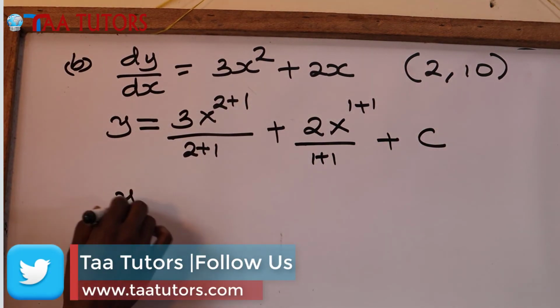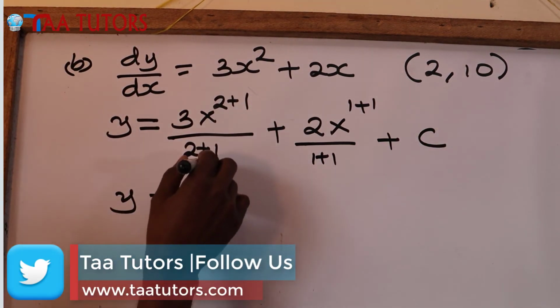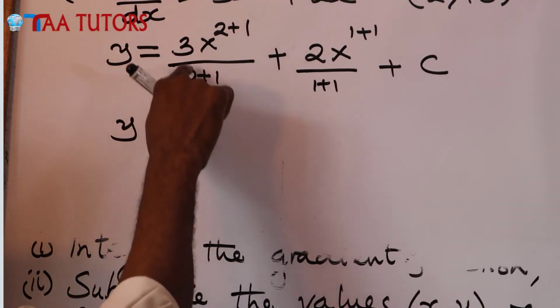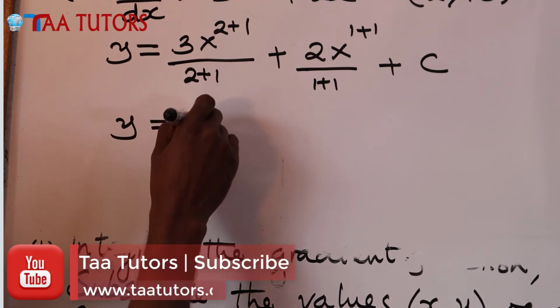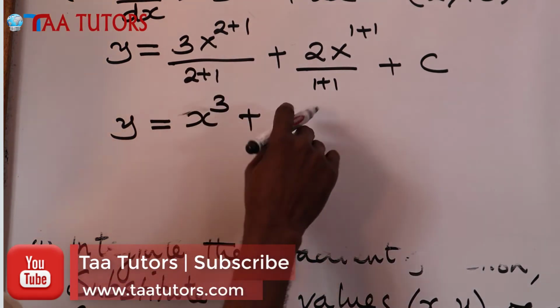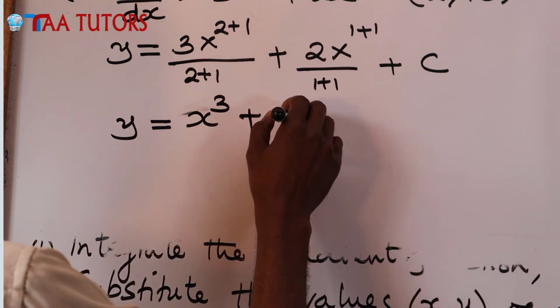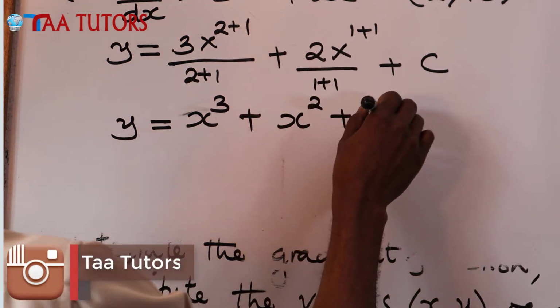So y equals, we know 3 divided by 3 here, 2 plus 1 is 3. So 3 divided by 3 is 1, that will be x cubed plus, 1 plus 1 is 2, so 2 divided by 2 is 1, that will be x squared, then plus c.